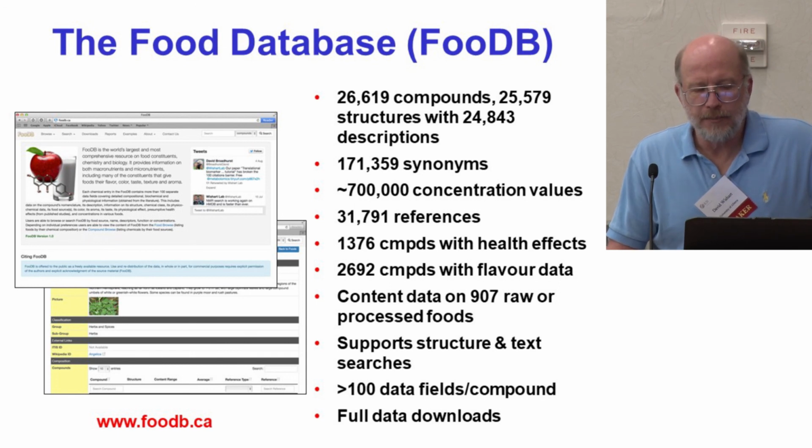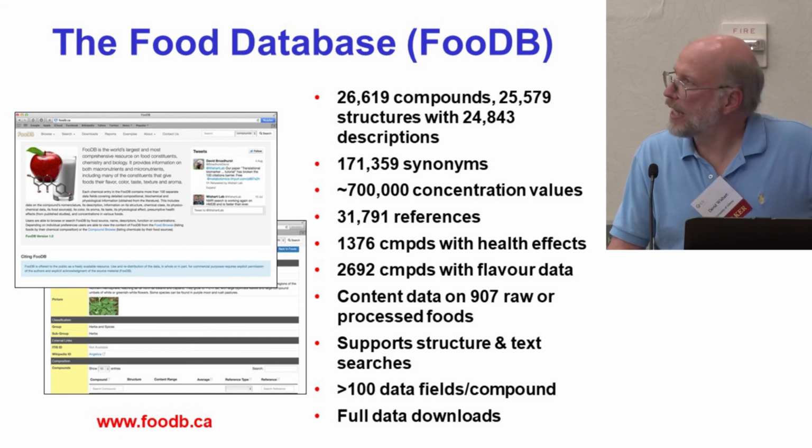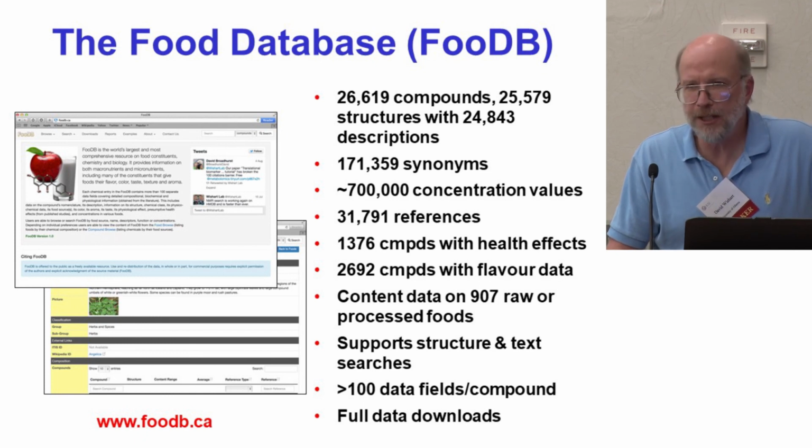The information in the database, again, open access, has hundreds of thousands of concentration values, thousands of references. It also tracks health effects and flavor or taste data. It allows you to search by structures, by text, by food classes, compound categories.